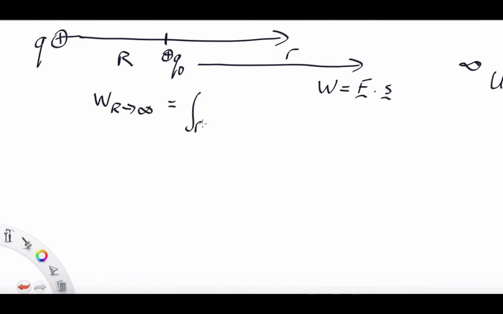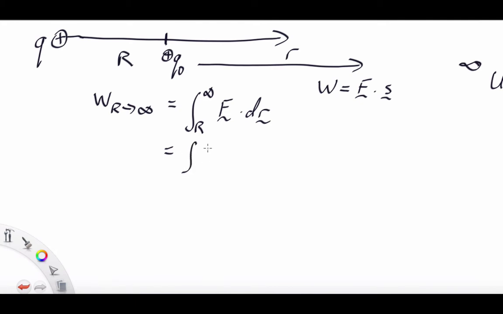And that will be the integral, because it isn't a constant force, so I can't just multiply it by the distance. I have to find the integral of force, and since we're going in the r direction, I'll make that the r vector. Usually when we have circular symmetry and radial lines, we will call it r rather than s.